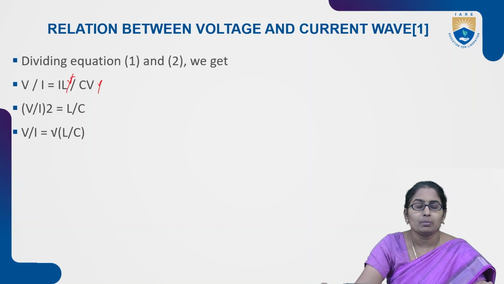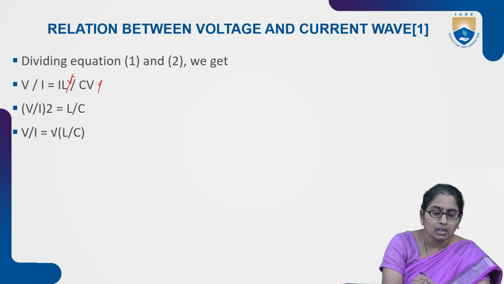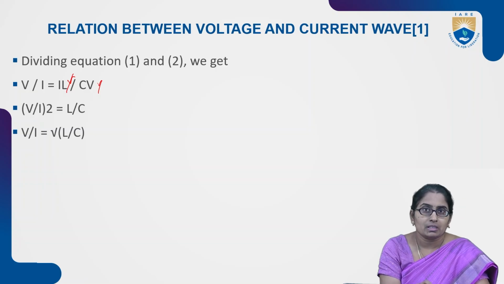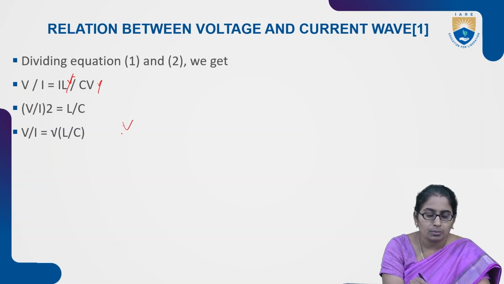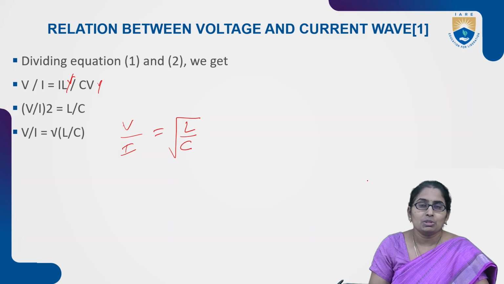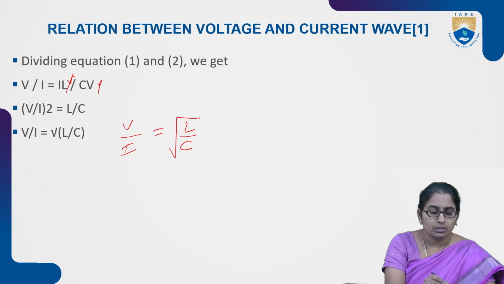That becomes I L by C V. Writing down V and I on the left side, this becomes V by I whole square, and the right side L by C. So finally, the relation between voltage and current is V by I equals square root of L by C. So that is, in a transmission line, the relation between voltage and current wave.